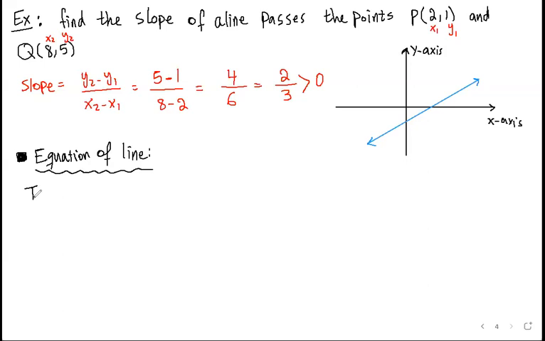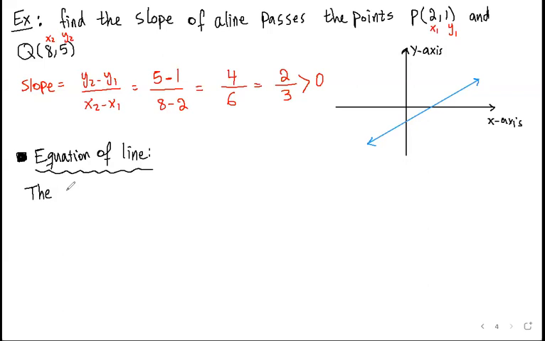You mean the point-slope formula? Yes, the equation formula. By using 2 points and slope, it will be m times x2 minus x1 equals y2 minus y1. Yes, this is true.